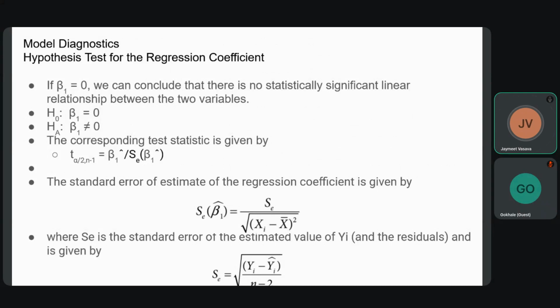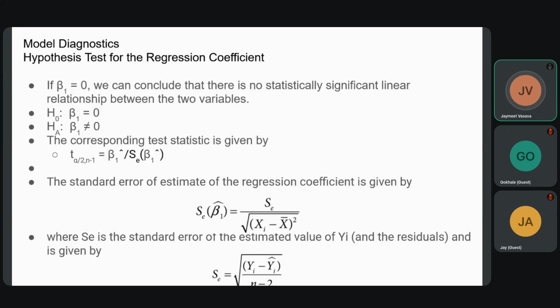The null hypothesis is represented by H0. The alternate hypothesis is beta 1 not equal to 0, whereas our null hypothesis, the current belief based on whatever data we had, says beta 1 equals 0.